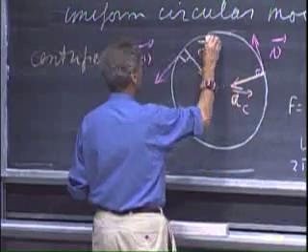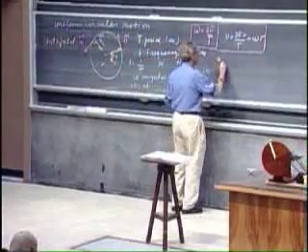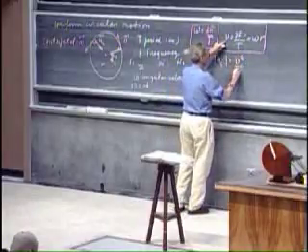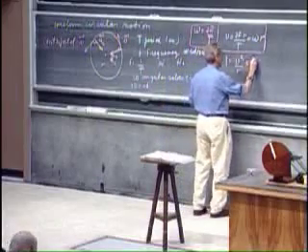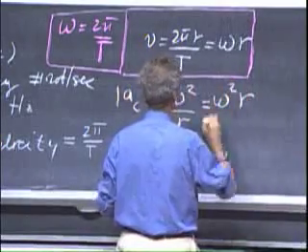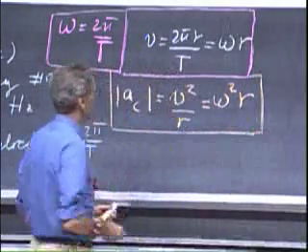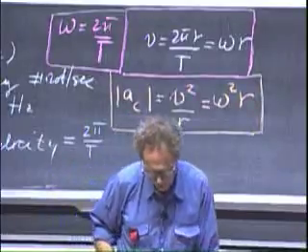It's a vector. And the magnitude of the centripetal acceleration equals v squared divided by r, and therefore it's also omega squared r. And so now we have 3 equations, and those are the only 3 you really would like to remember.